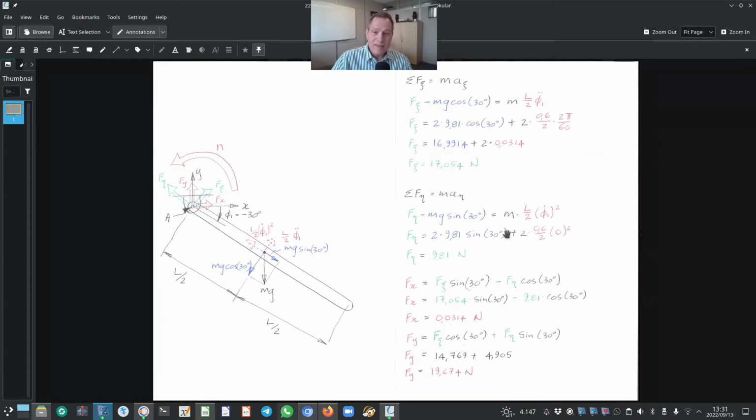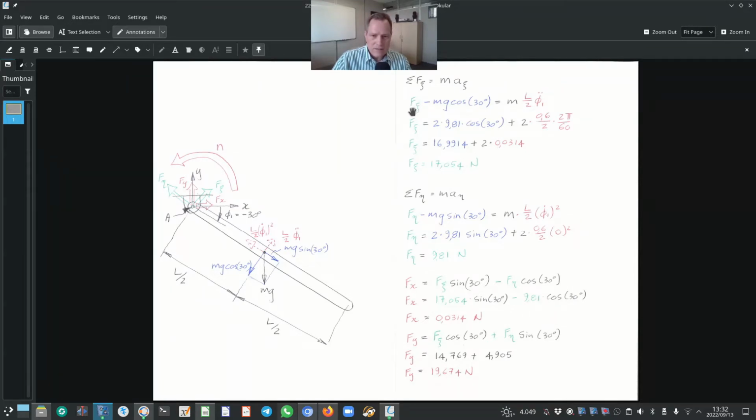So if we look at the reaction forces, to calculate the reaction forces here at revolute joint or pin joint A, we can take the sum of moments in the Kc direction, Kc being perpendicular to the orientation of the driven pendulum rod, and that will be the mass of the pendulum rod multiplied by the acceleration in the Kc direction.